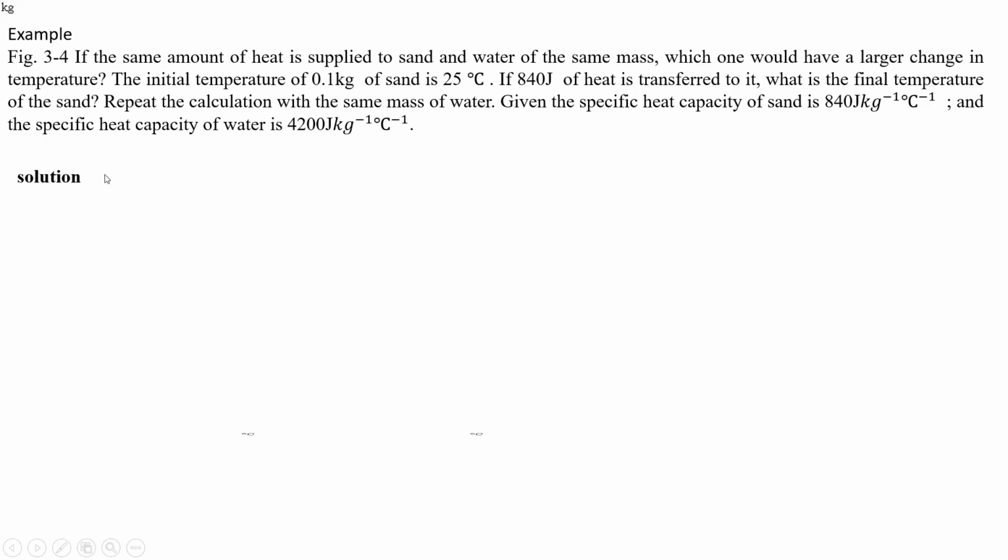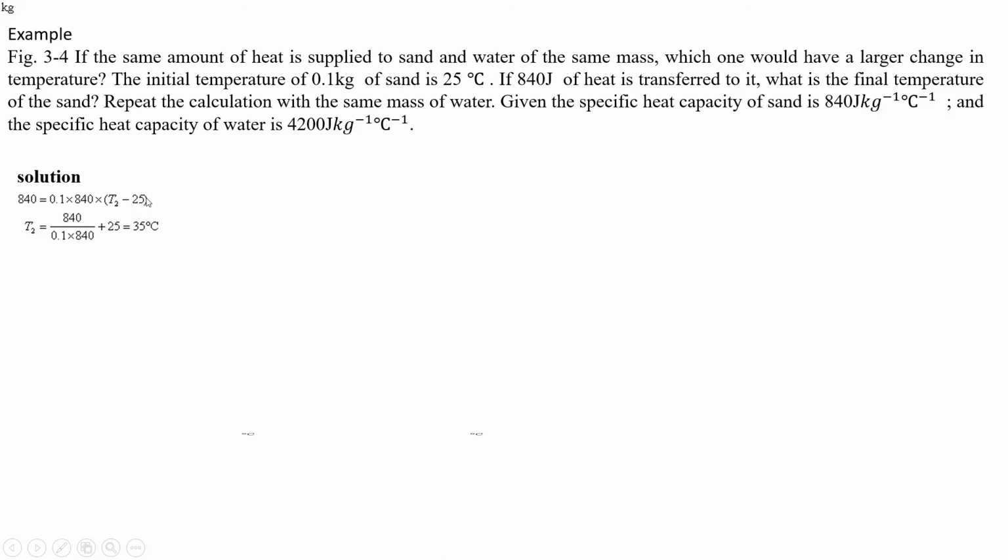Here is the formula: Q = mcΔT for sand. The mass is known, 0.1 kg, multiplied by 840, the specific heat capacity of the sand, multiplied by the change in temperature.